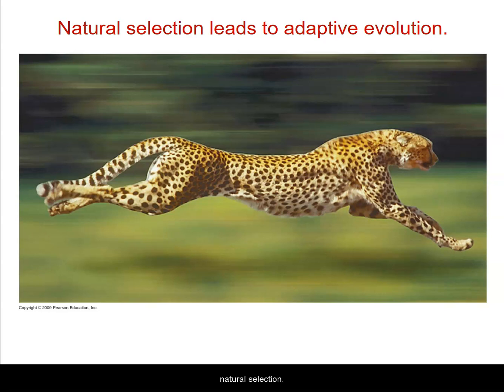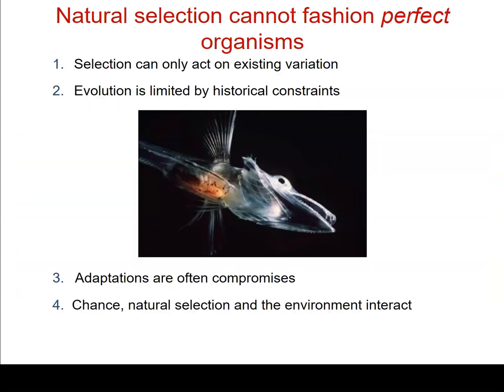Adaptations occur due to natural selection for a given environment. But natural selection is not meant to fashion perfect organisms, and it is completely misunderstood that way. Natural selection is particular to an environment, and it can only work on what's existent in the genes, what's already there.